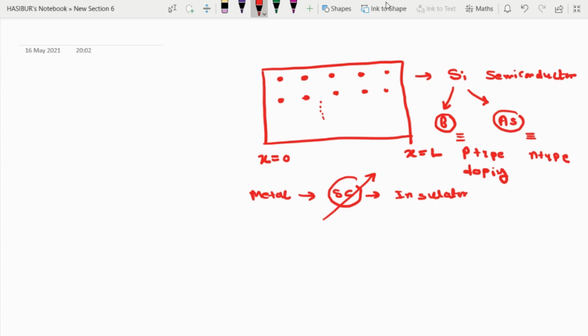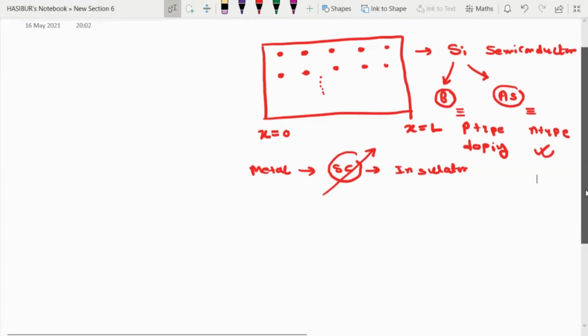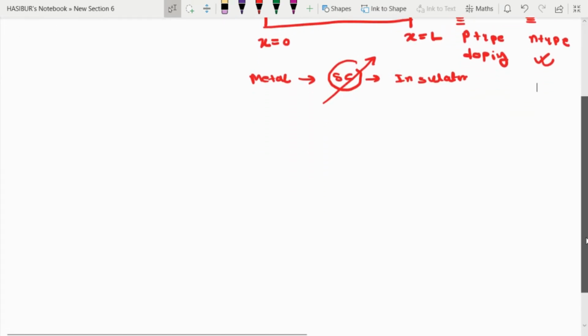Now, let's see a particular type of doping, n-type doping. So, this is a silicon atom. It has valency 4.